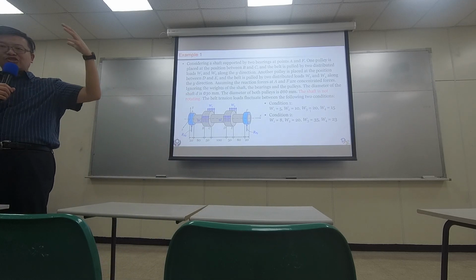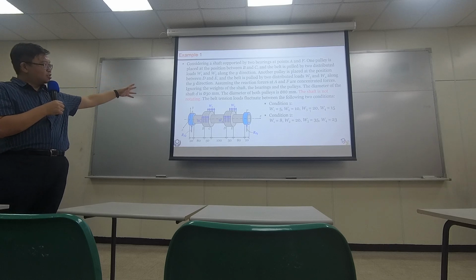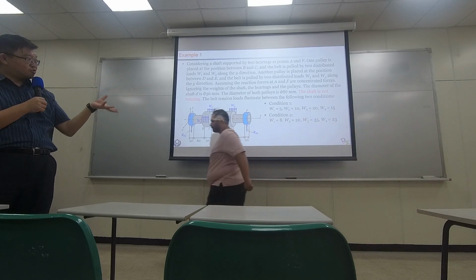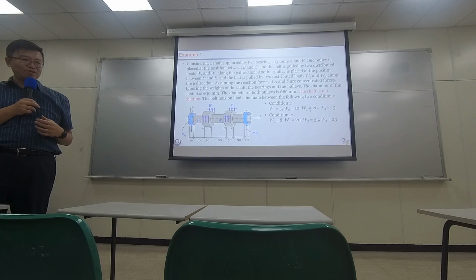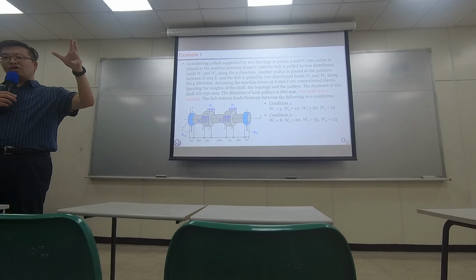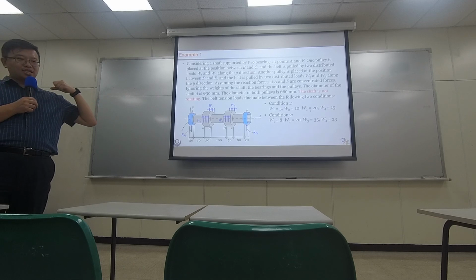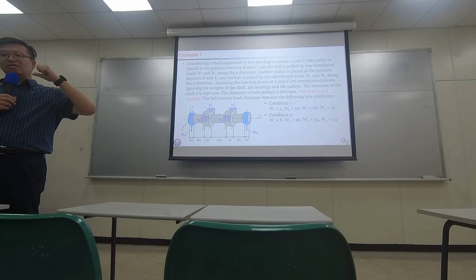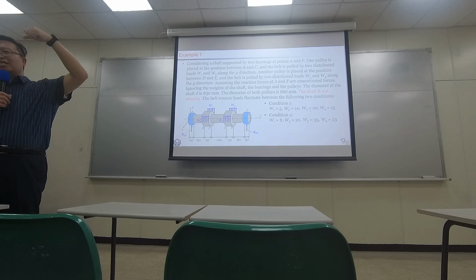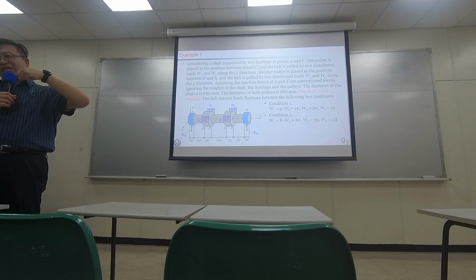So maybe there is a machine having the belt connecting to the shaft, and it's operating some kind of periodic motion, and it dynamically tightens the belt and then loosens the belt a little bit.